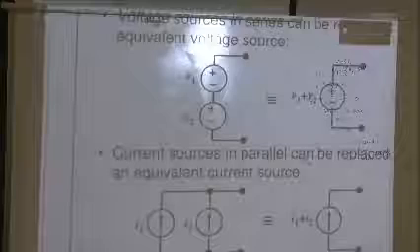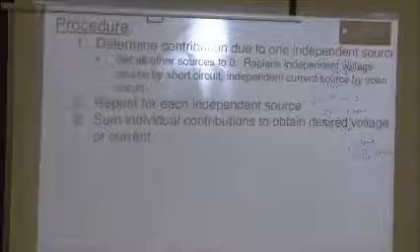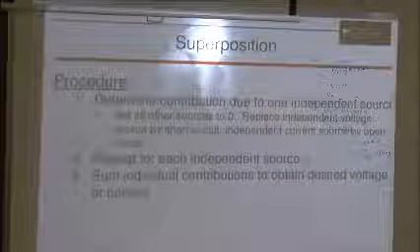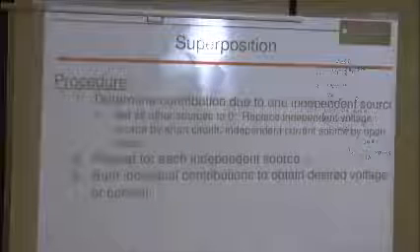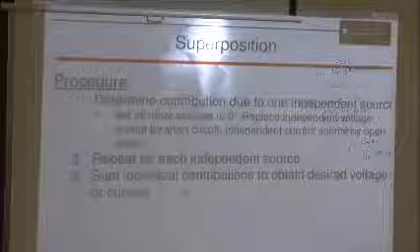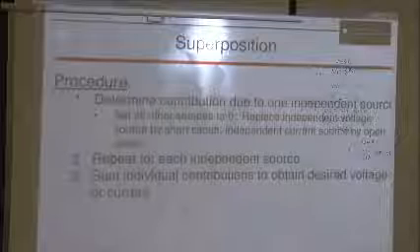Similarly, if you have two currents in parallel, you can merge them as I1 plus I2. So superposition is that you can determine the contribution due to one independent source, then repeat, and then sum them up.